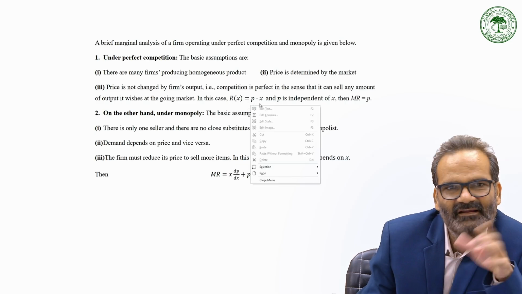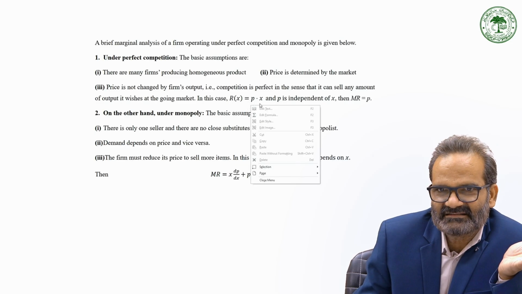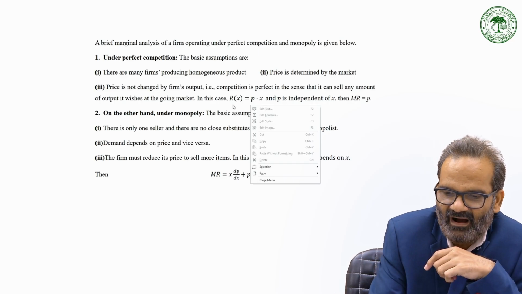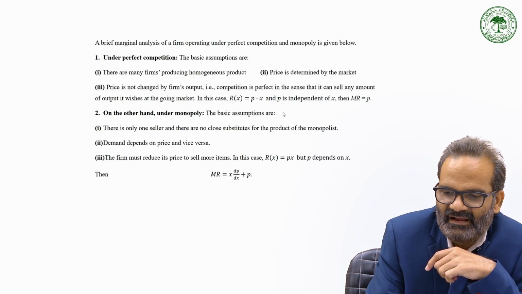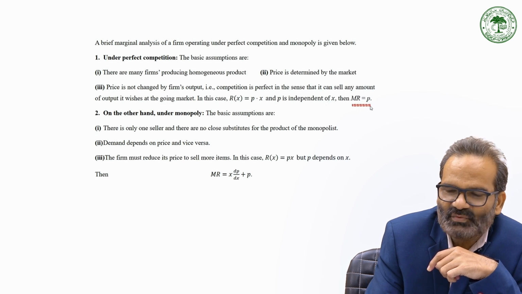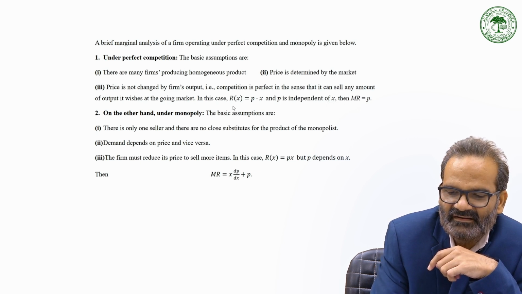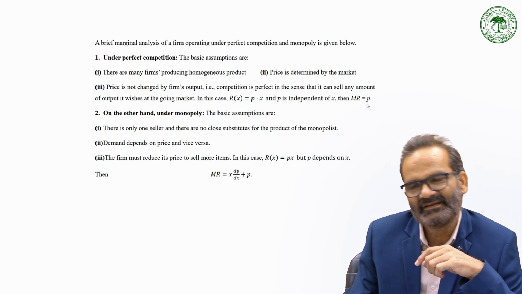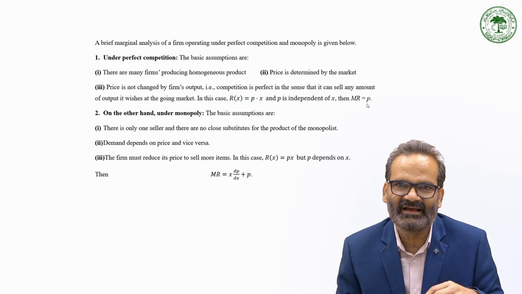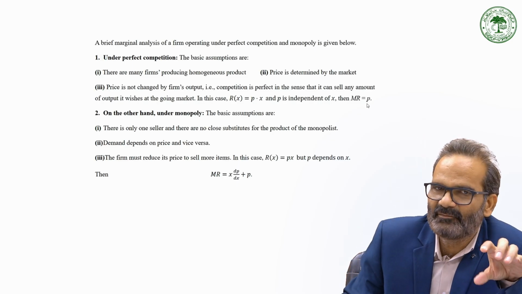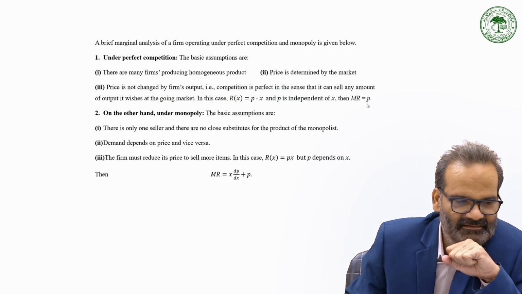Its derivative will be P, because the derivative of X is 1. So R is equal to Px, and if P is independent of X, then marginal revenue is equal to P. Marginal revenue means find its derivative, dR over dx, and we get P. It means the marginal revenue and the price of the commodity are both the same under perfect competition, right?